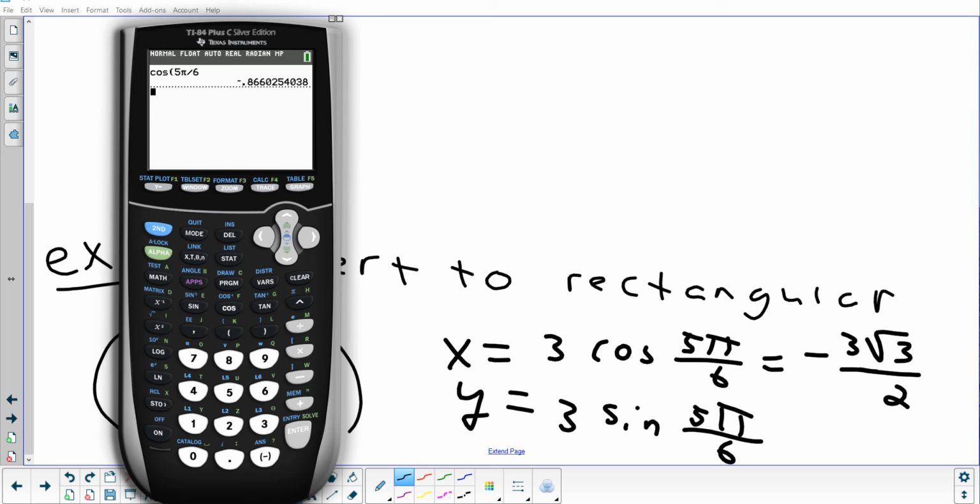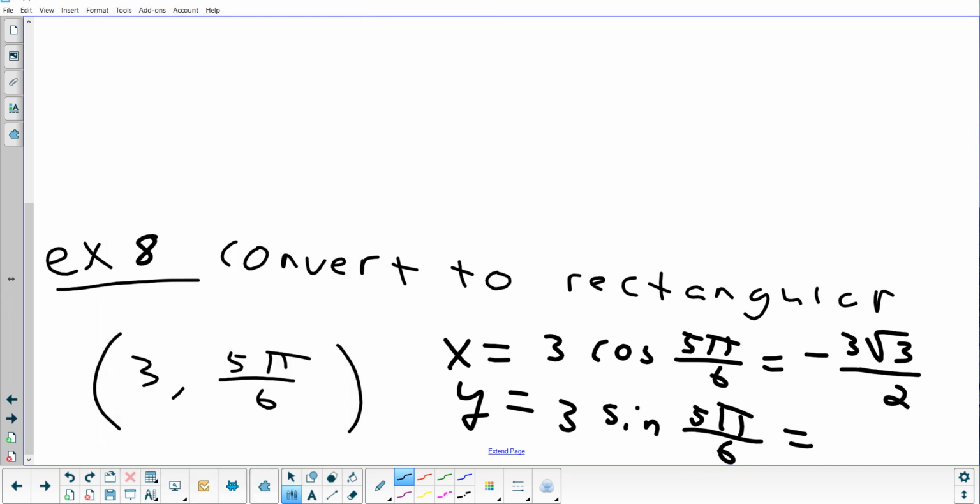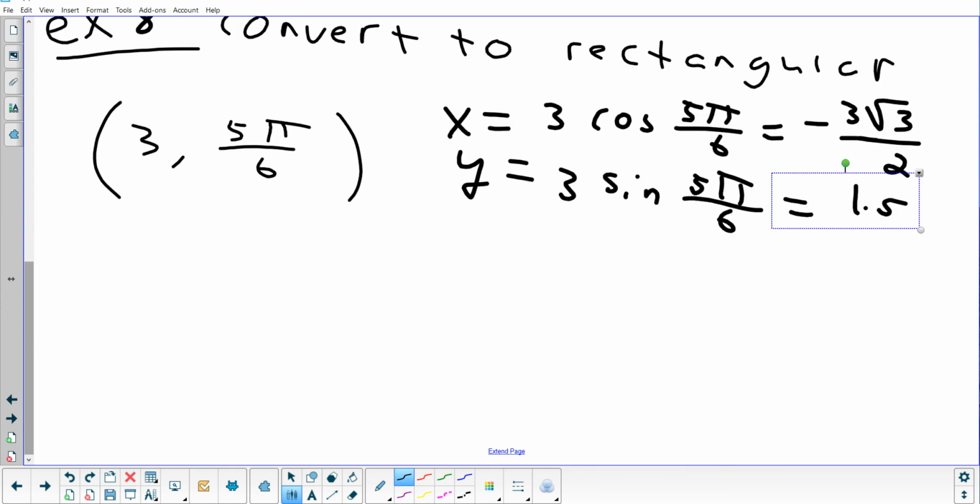Now, if one of them comes out as a root, the other one will come out nice. So the sine of 5 pi over 6. This is 0.5. 1/2. And then 1/2 times 3 is 1.5. Now, just write your coordinate. So the x value, negative 3 root 3 over 2.